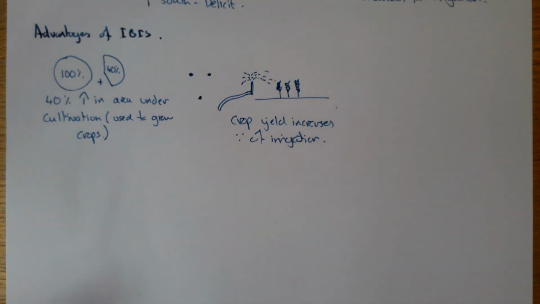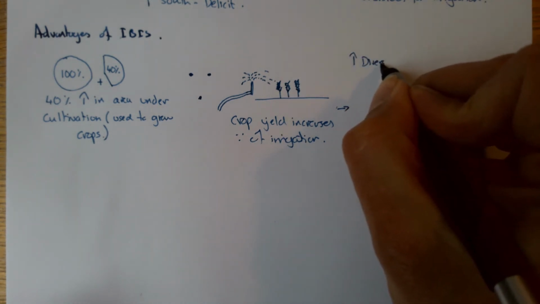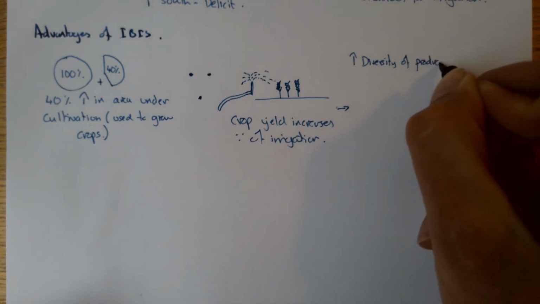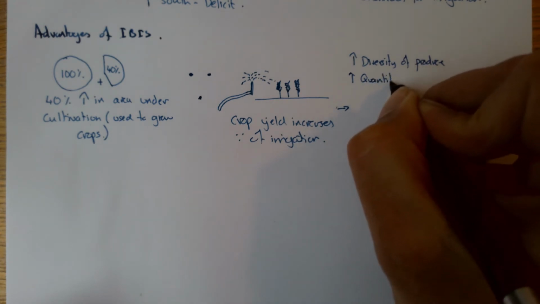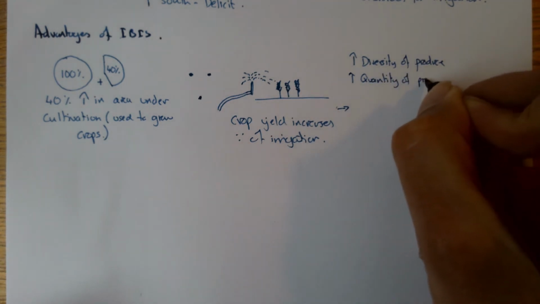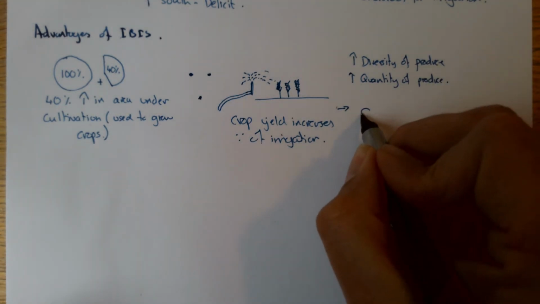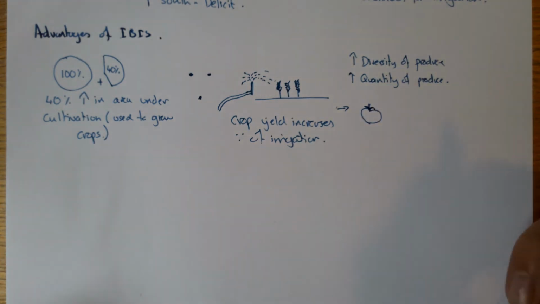And all of that irrigation leads to a greater diversity of produce and an increase in quantity of produce. So we can have a nice range of fruits and vegetables, like the tomato, my favourite one.